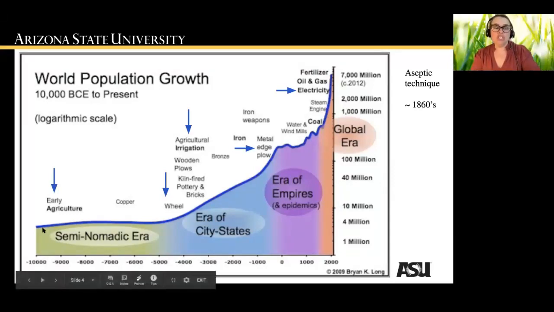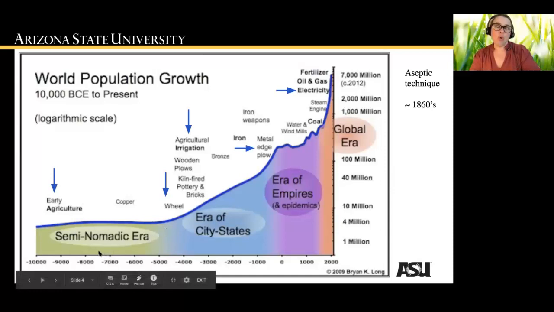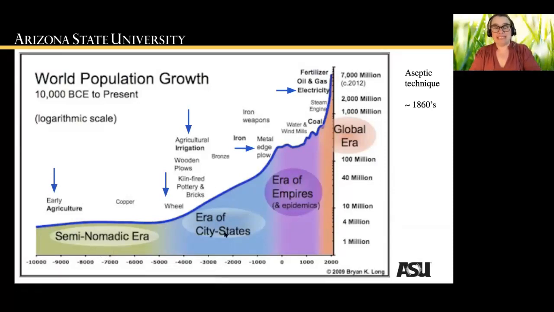So from about 10,000 BCE through about 5,000 BCE, we were semi-nomadic. But as the era of the city-states began and went from about 4,500 or so BCE through about 500 BCE, we can see there was a huge increase in irrigation with agriculture.